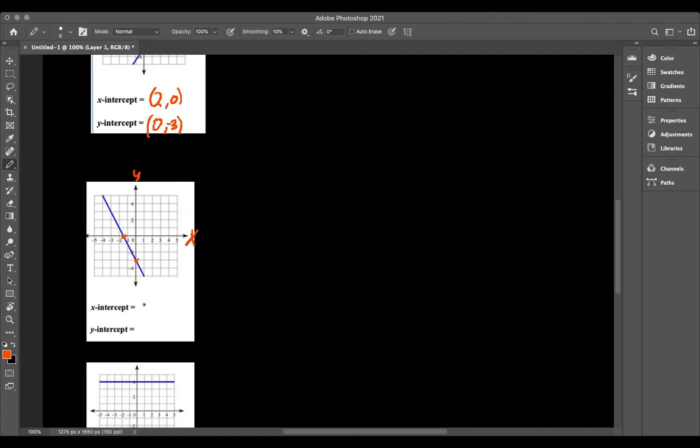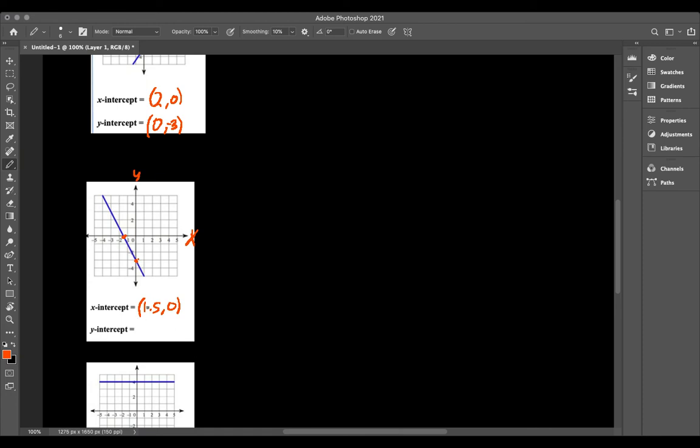So we're at 1.5. So I'm going to say 1.5 here. And then the coordinate point for the y is going to be 0. So 1.5 and 0. Now let me look at the y-intercept.